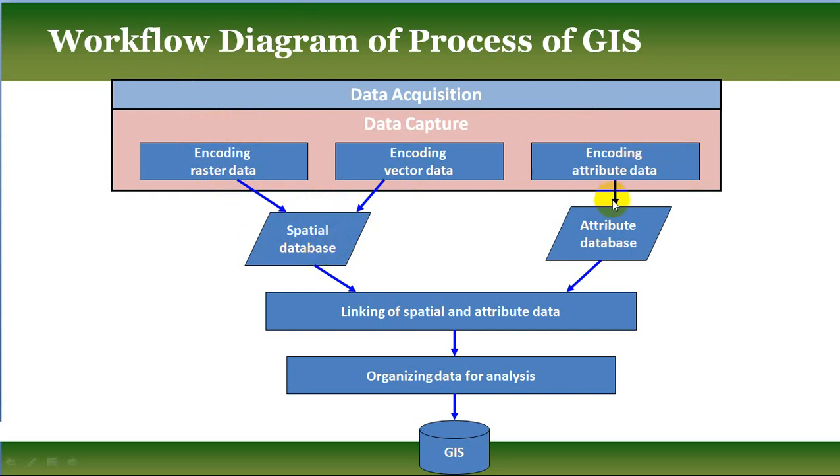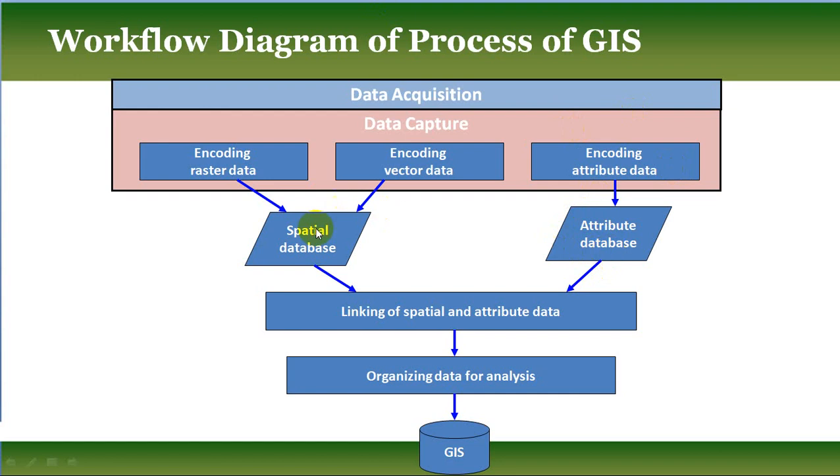And parallelly, once you complete your attribute data entry within the computer, with the help of either GIS software or some DBMS software, or maybe using Excel software, which all of you know, a Microsoft Office application, we can also encode attribute data. Once it is ready, then your attribute database is ready.